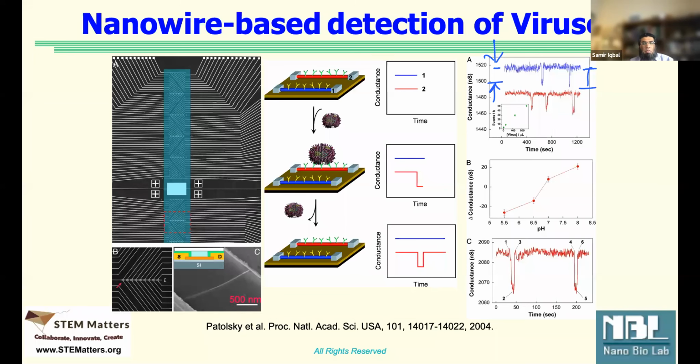Each nanowire was functionalized with bioreceptors, and they would detect the presence of the molecule when it came in contact with the nanowire. The right-hand side shows the electrical conductance change again in nanosiemens, where the binding is shown as a reduction or increase of the conductivity, right?